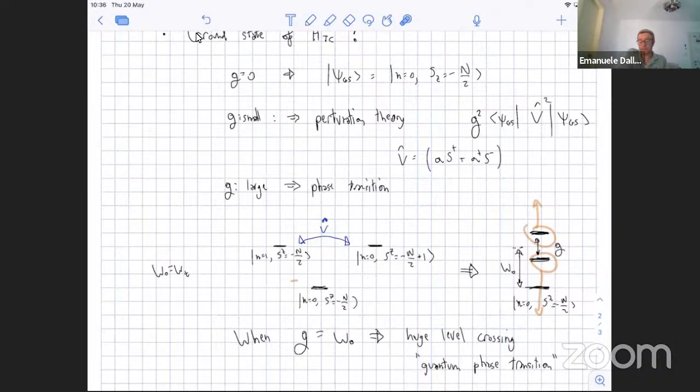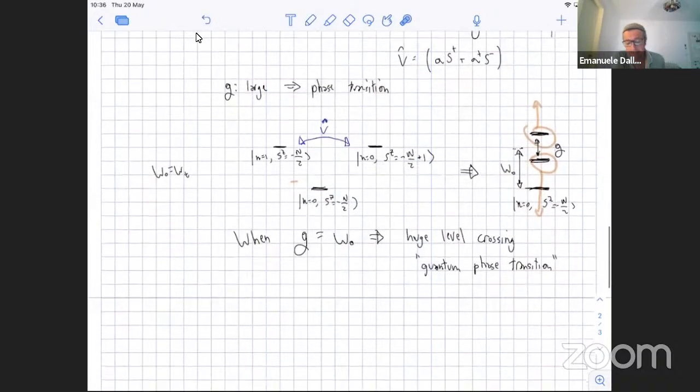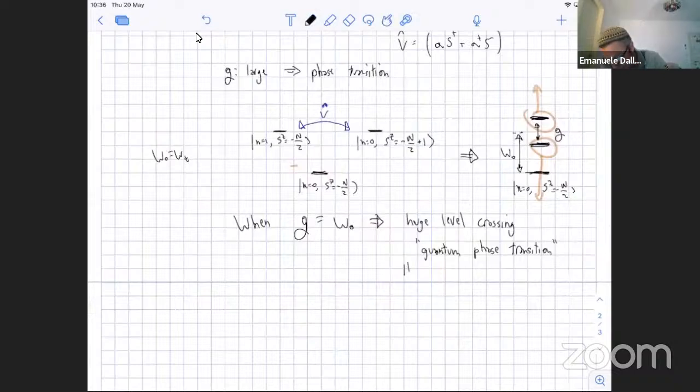It's called quantum, first of all, because it comes from quantum mechanics, and it happens even at zero temperature. The ground state of the new system is qualitatively different from the ground state before the transition. This is basically known as the Hepp-Lieb quantum phase transition, QPT.